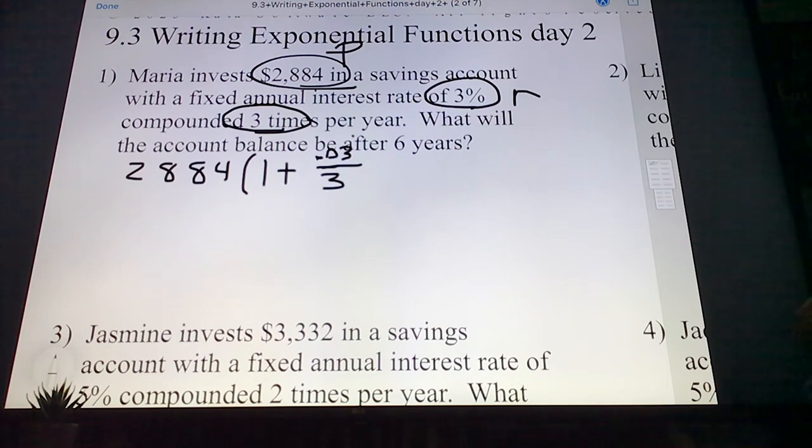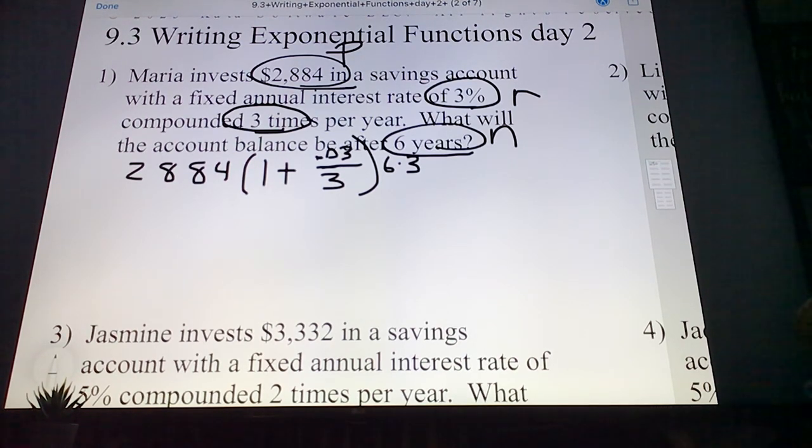So every year they're checking it 3 times. And then we get to the NT power, which is 6 times 3.